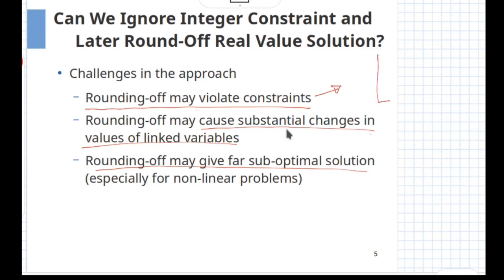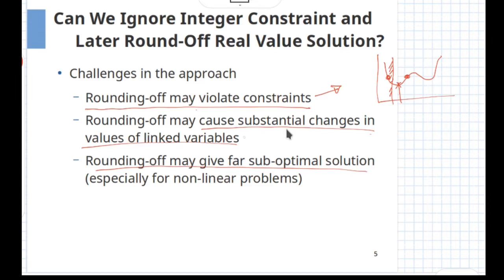That is, if you are having a variation in a function and you obtain a real value solution at this point and you choose the nearest integer variables, these variables may be violating some of the constraints which are there on this particular problem. So not a very serious problem, but this is one of the reasons. If you are having a lot of variables, this checking of constraints can be computationally heavy.